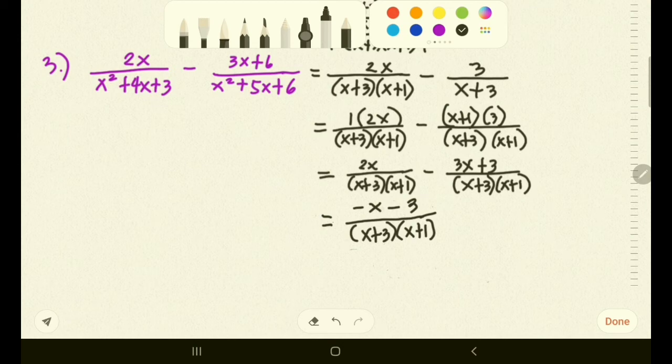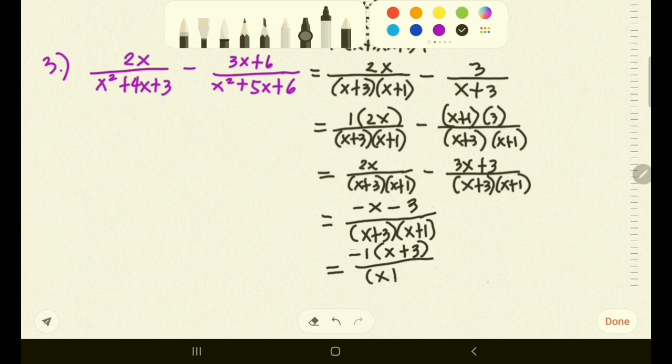The numerator can still be factored, and its common factor, or GCF, is negative 1. Negative x divided by negative 1 is x. Negative 3 divided by negative 1 is positive 3.